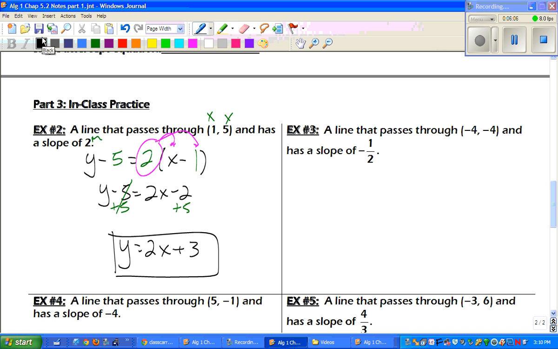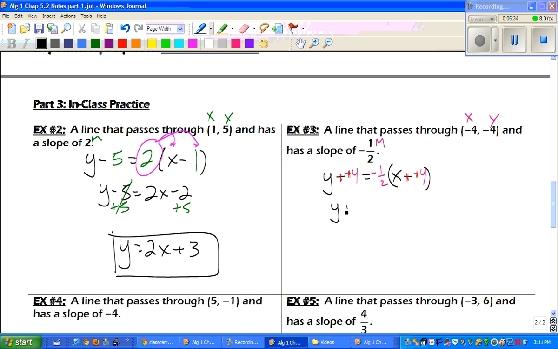All right, let's do one where we actually have to do some simplifying. Now, x, y, slope. Start plugging in the information, and you might be like, Mr. Grice, what's up with all those negatives? Well, this is where we're going to have to start simplifying. We need to remember click, click.